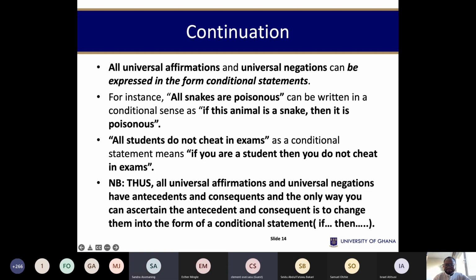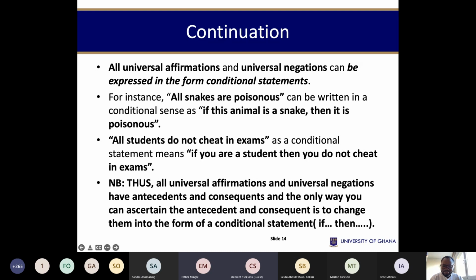Malon? Can I hear your example? If I receive my salary, I will buy a new car. If I receive my salary, then I will buy a new car. Great. Emmanuel Anaba, can I hear your example?